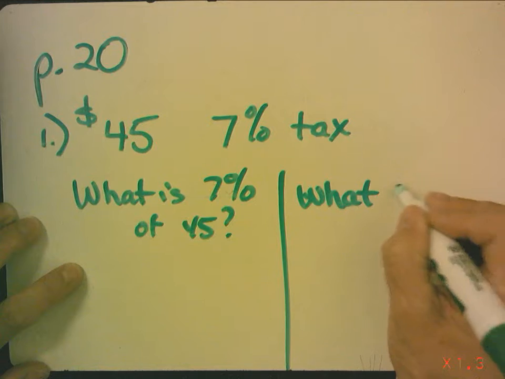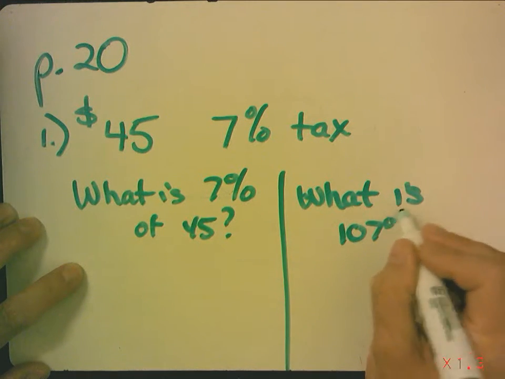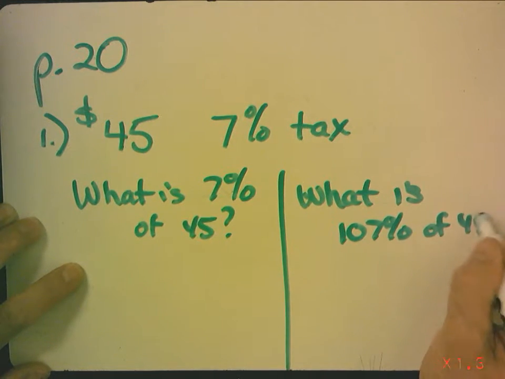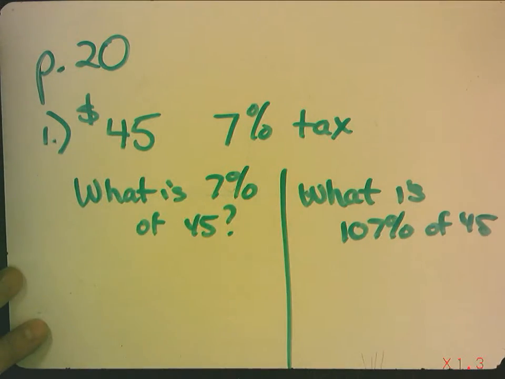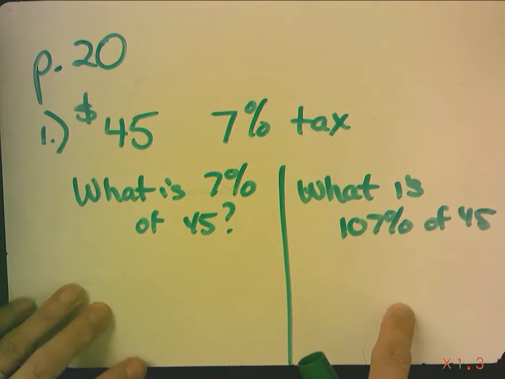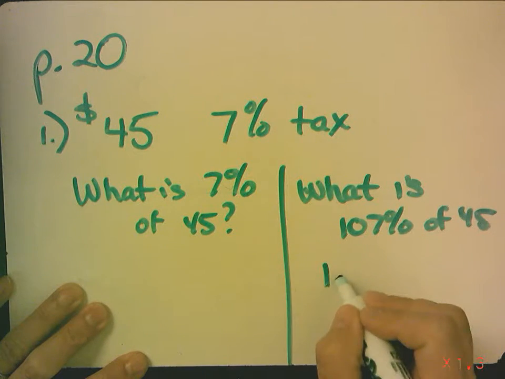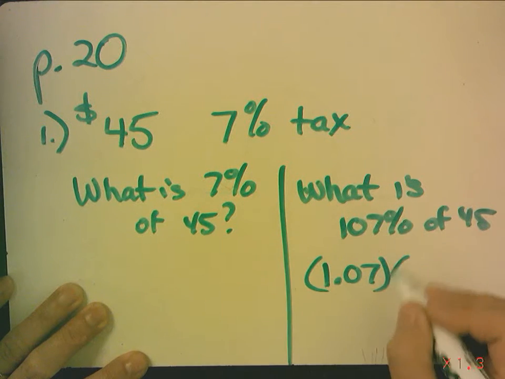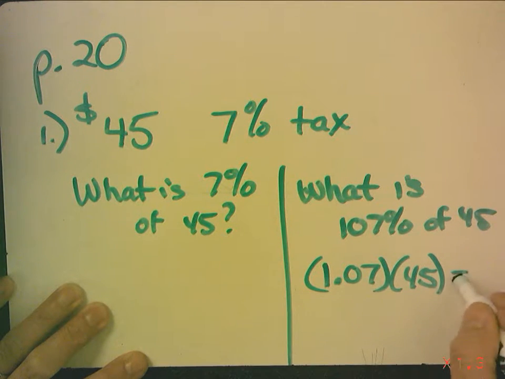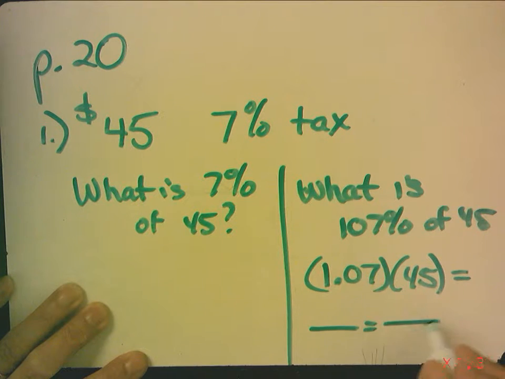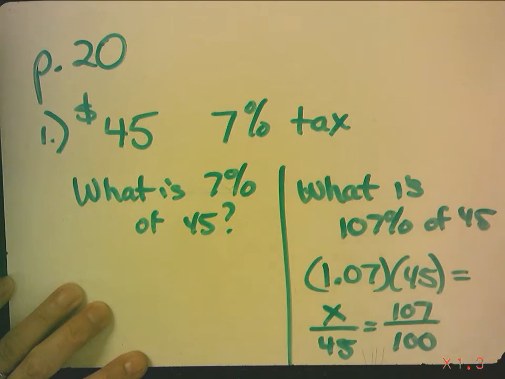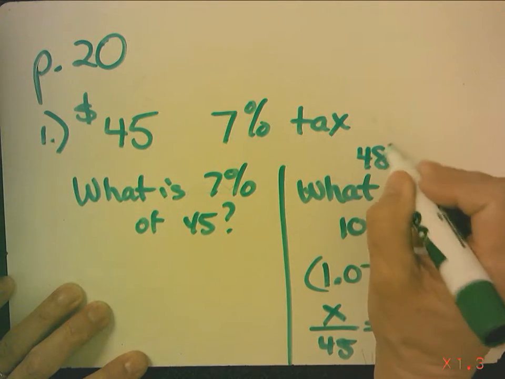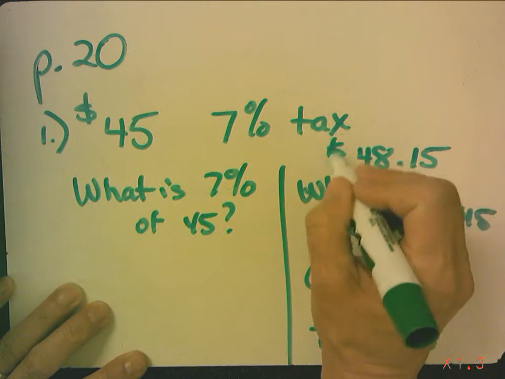Or we could say, what is 107% of 45? This way, I find 7% and then I have to add it back to 45. This way, I just have to multiply 1.07 times 45, or I say, what is 107% of 45? This way, I get my answer in one step of 48.15.